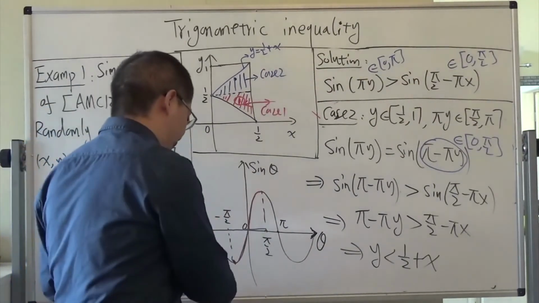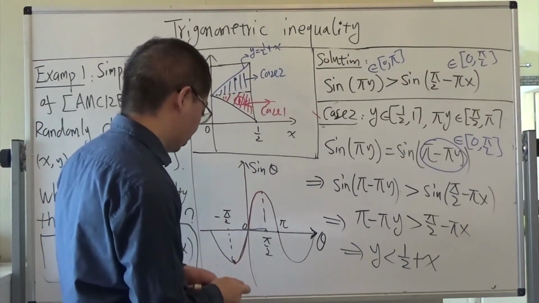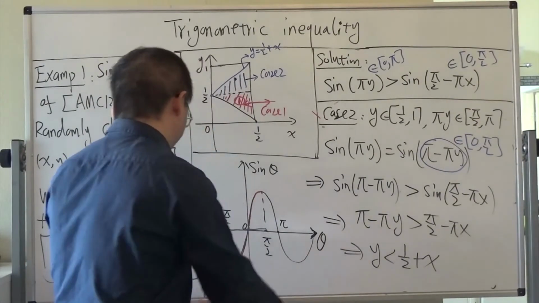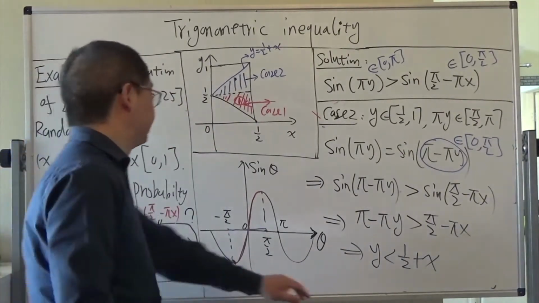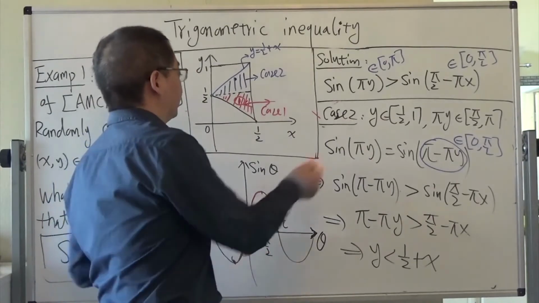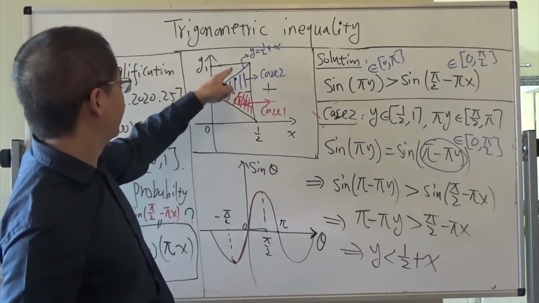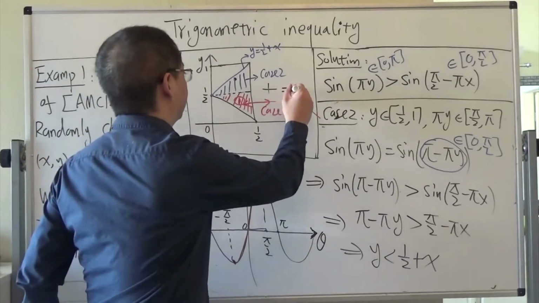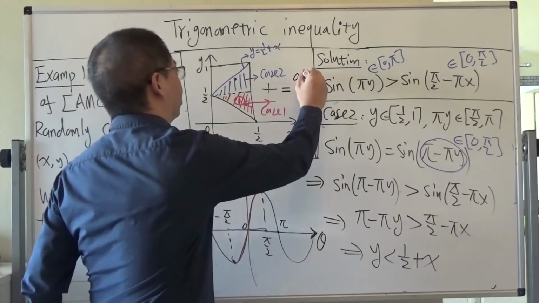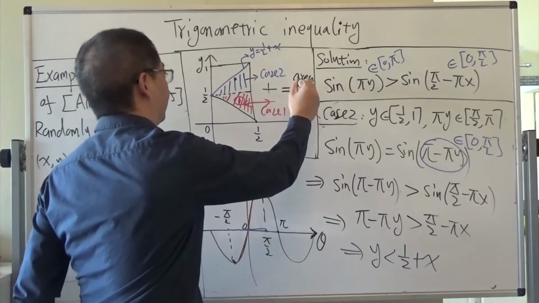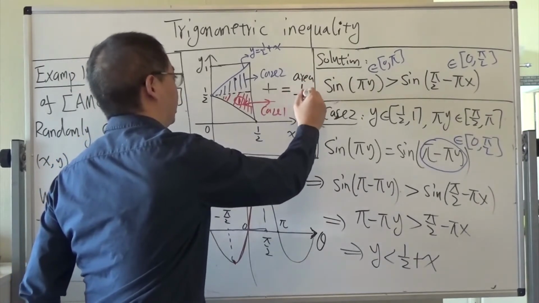Now if we combine case 1 and case 2 together, the area of this region is 1 over 4.